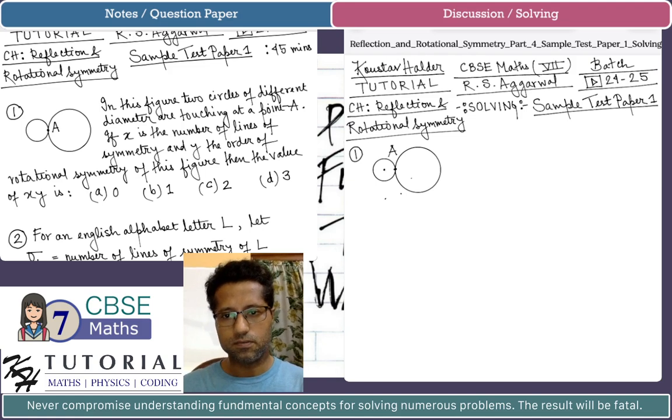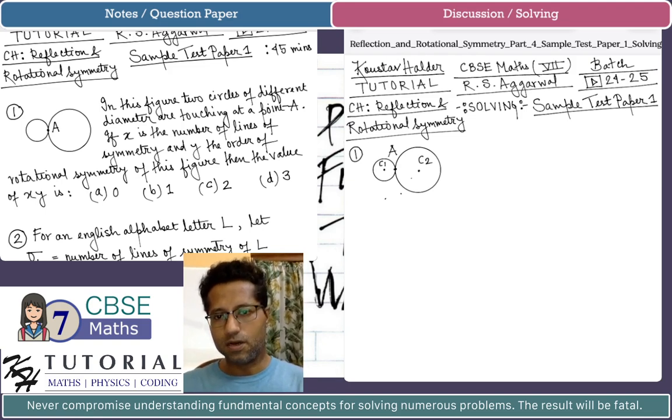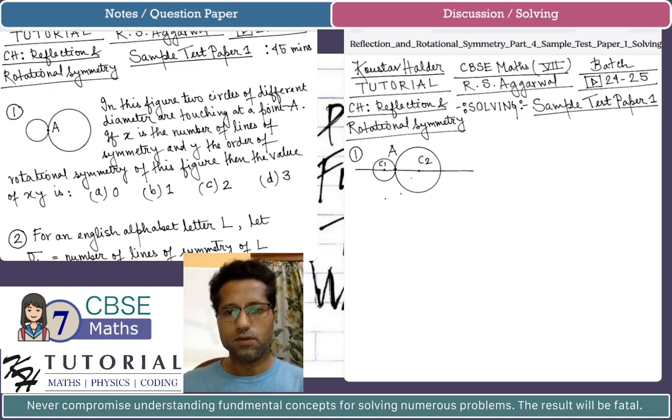Now I should have drawn the figure a little bigger. Anyway, let's say C1 is the center of the smaller circle, and C2 is the center of the bigger circle. Now, if I draw a line passing through the centers C1 and C2, let's say this line is L.